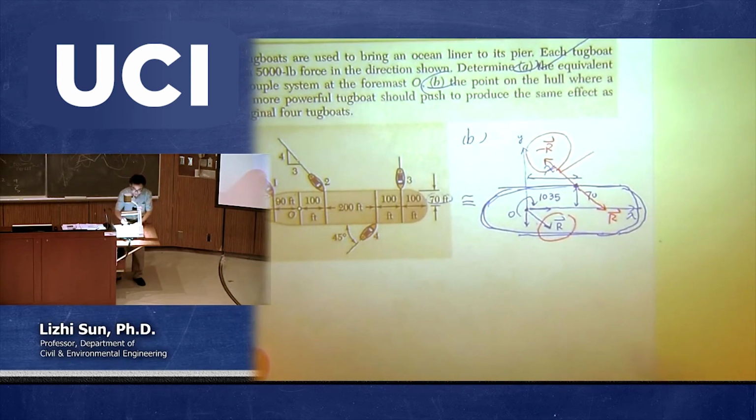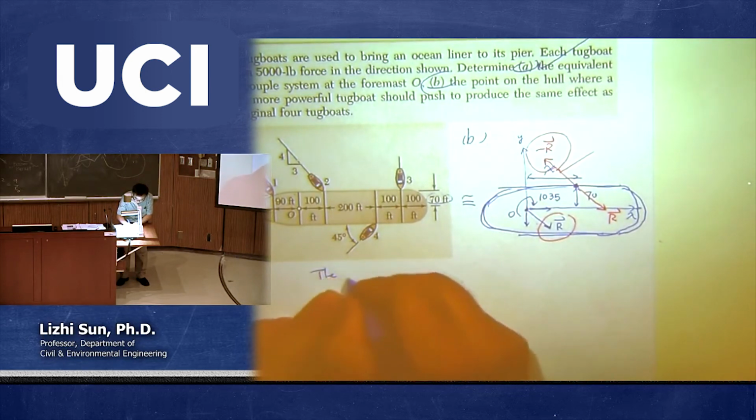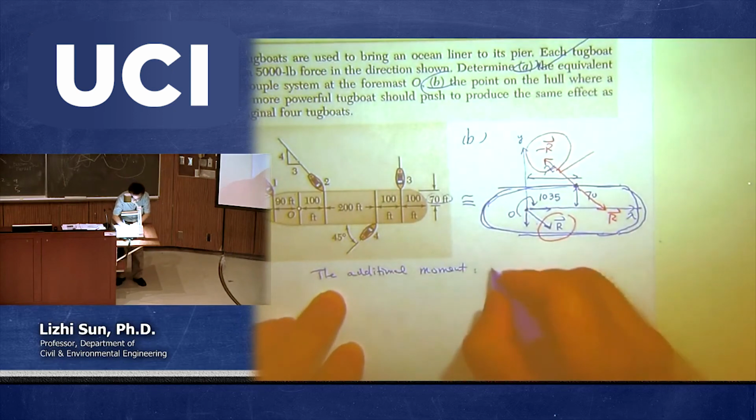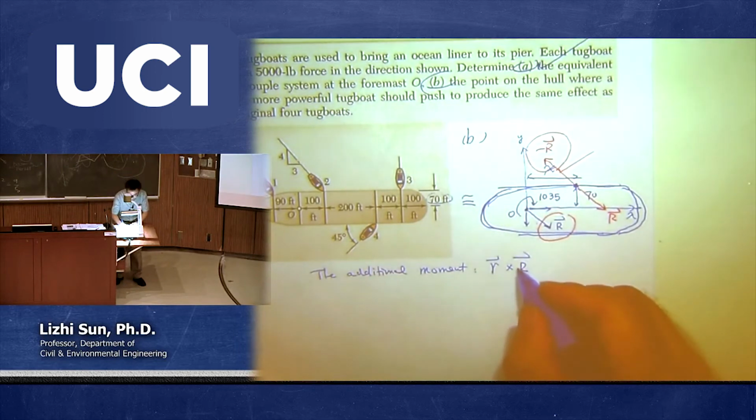Then let's just do it in terms of mathematics. What is the additional moment due to the couple? That's going to be what? That's going to be R cross R. Okay? So you can have this positive R, negative R, depending on which R you want to pick.